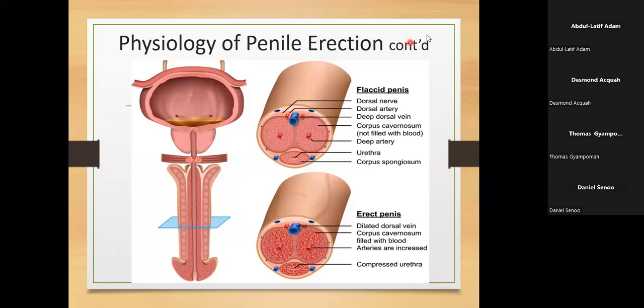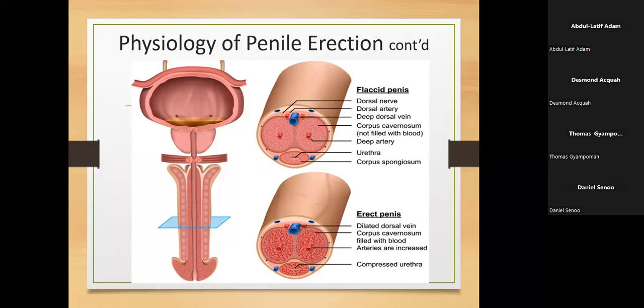So, more explanation on the erection. When you have a flaccid penis, this is what happens. The arteries are constricted and there's very little blood flow into it.